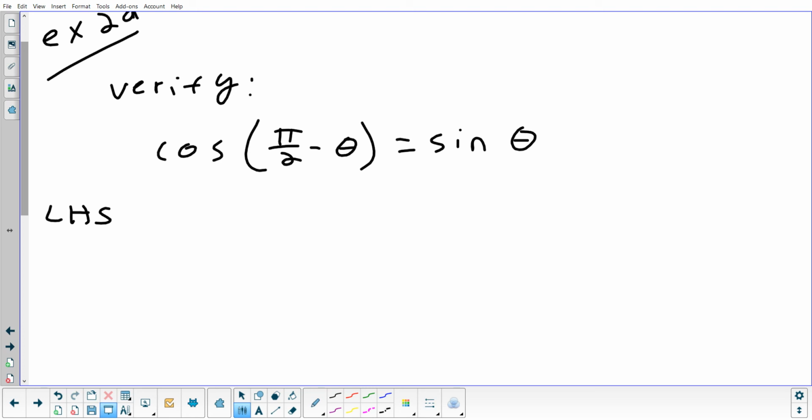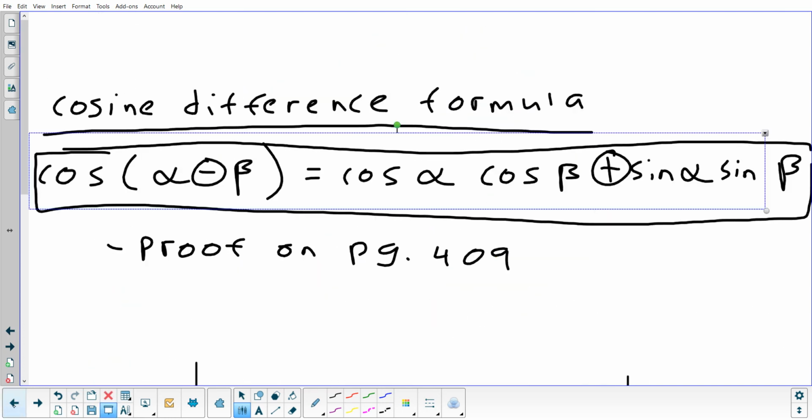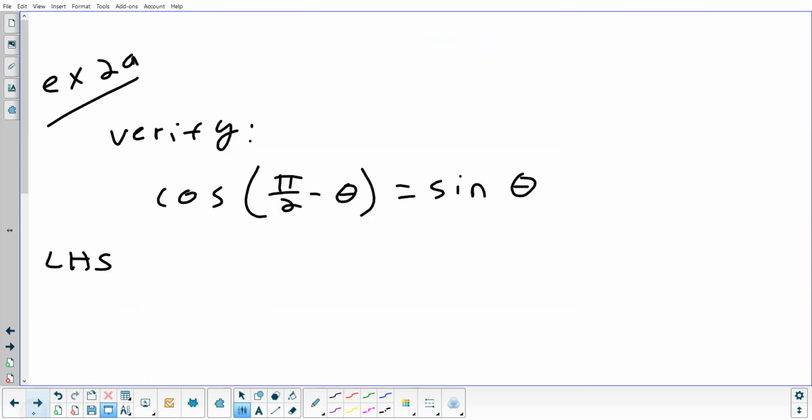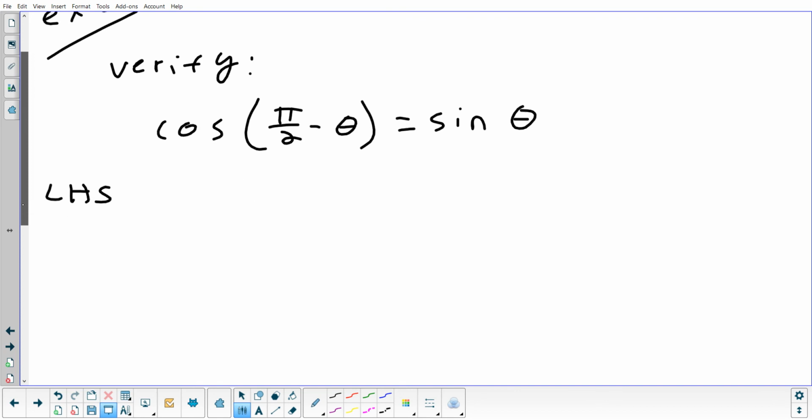Subtraction. So this is a cosine difference problem. You need to look up the identity for the cosine of a difference. So we have that right here. Cosine difference formula: cosine, cosine, plus sine, sine.